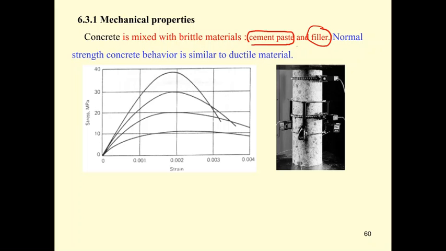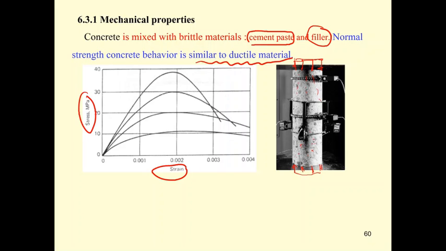However, when they are mixed together, the behavior of the concrete that you get from the compression test looks similar to a ductile material. What happens is, when you put force into the concrete, this force will distribute to different parts of the concrete.